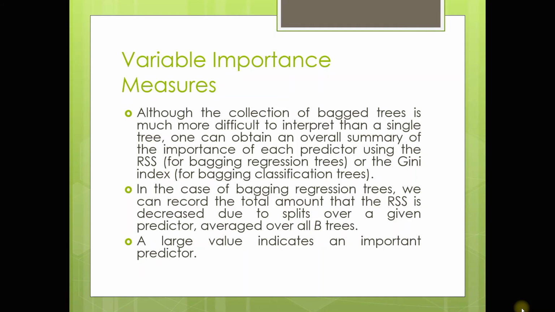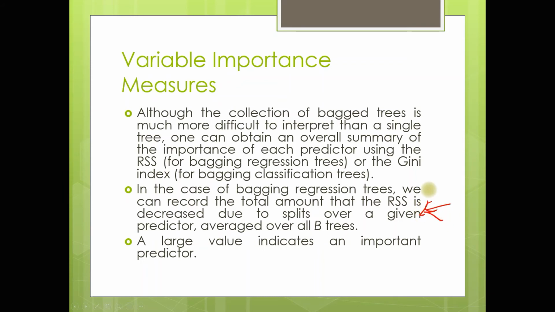And we basically need to have a look at the average of these residual sum of squared errors over the different trees that have been built with a specific split and see how much it has decreased. So we just need to look at the total amount that the RSS is decreased due to the split over a given predictor in the context of bagging.